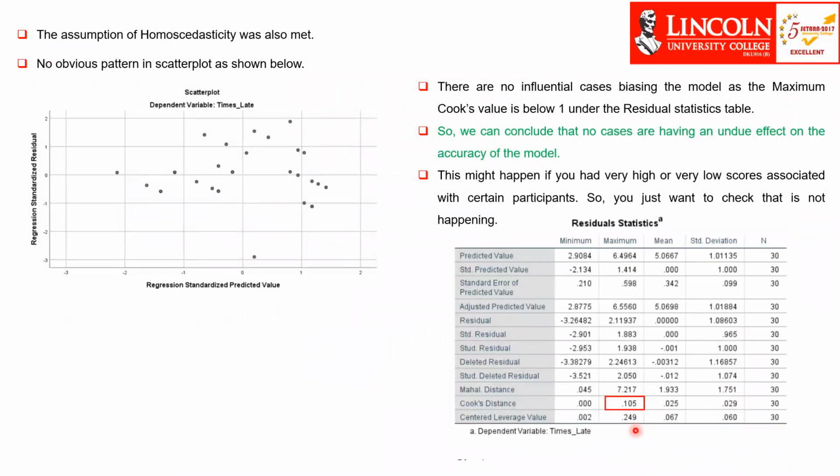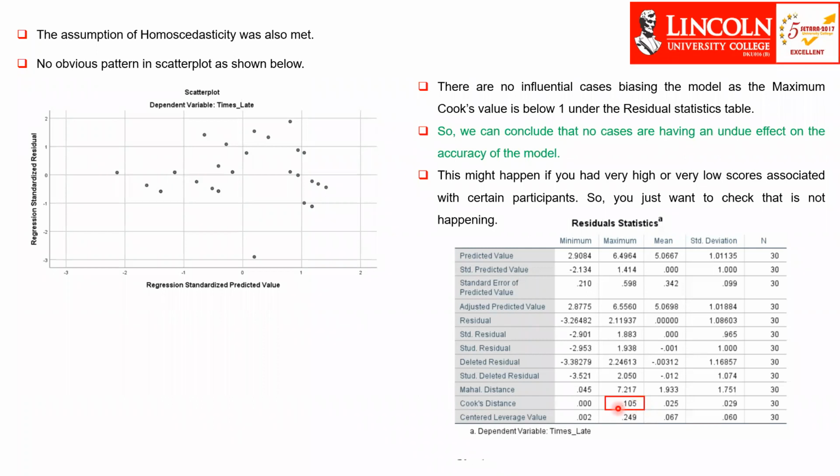Then the assumption of homoscedasticity was also met. There is no obvious pattern in the scatter plot shown below. That's another one. There are no influential cases biasing the model, as the maximum Cook's value is below 1. It's 0.105, so it's below 1, under the residual statistics.